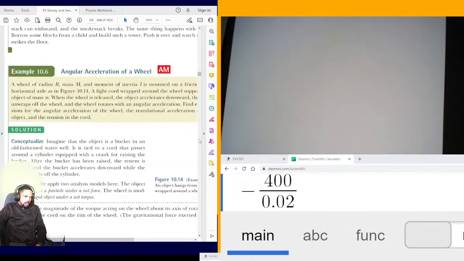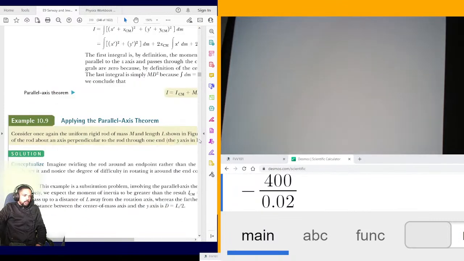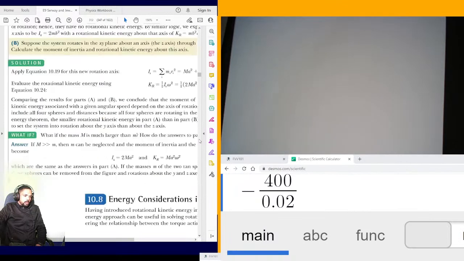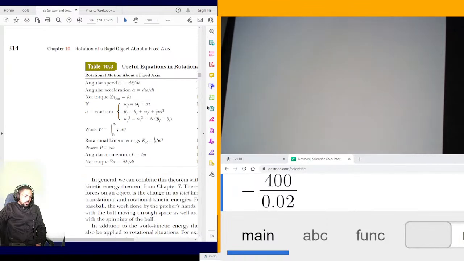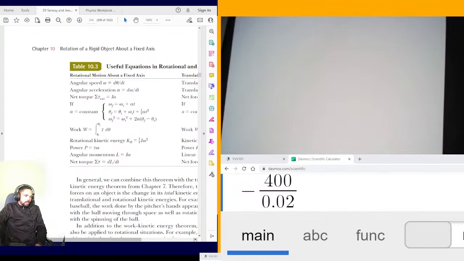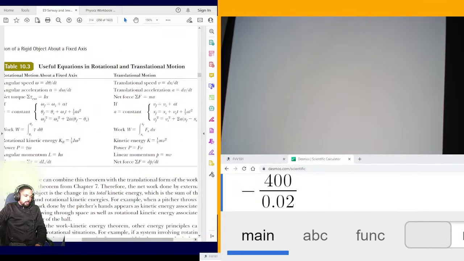Let's get to some problems that I want us to look at. Those are the problems if the acceleration is constant. Rotational motion, useful equations, those equations there, and translational motion.